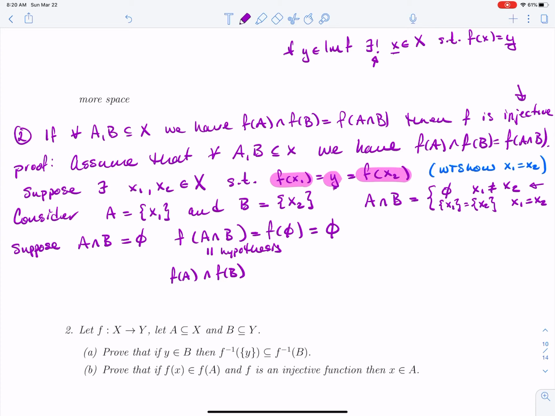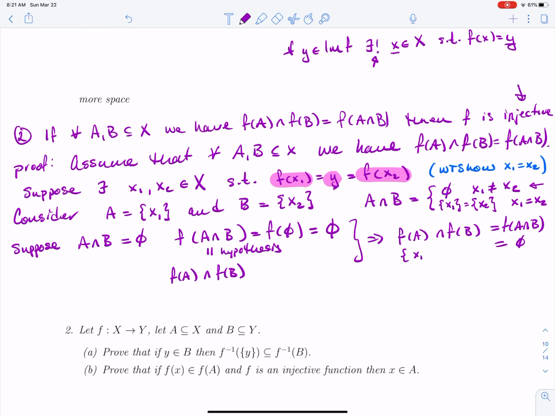So what that tells me is that if I assume that A intersect B is the empty set, then I get that f of A intersect f of B is the empty set, which is equal to f of A intersect B. But remember, what is f of A?